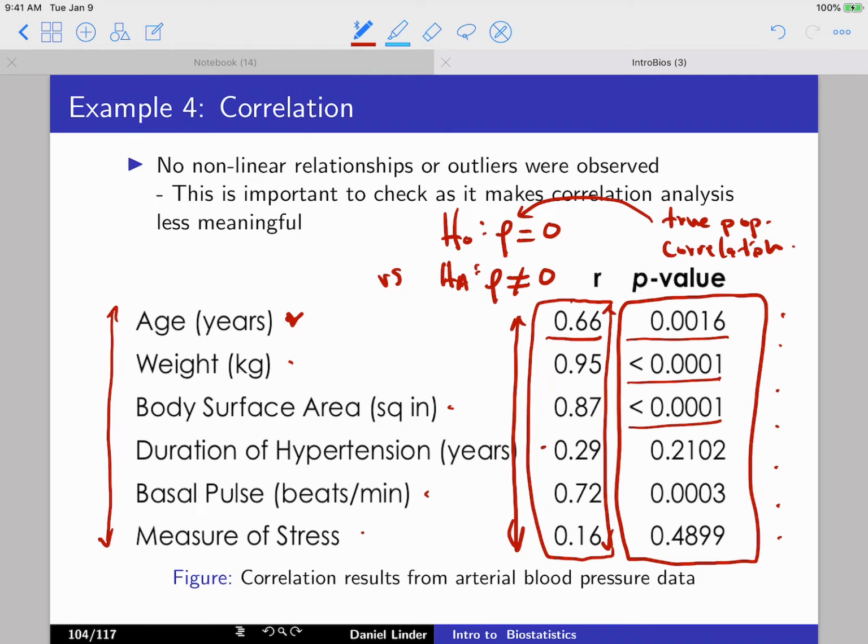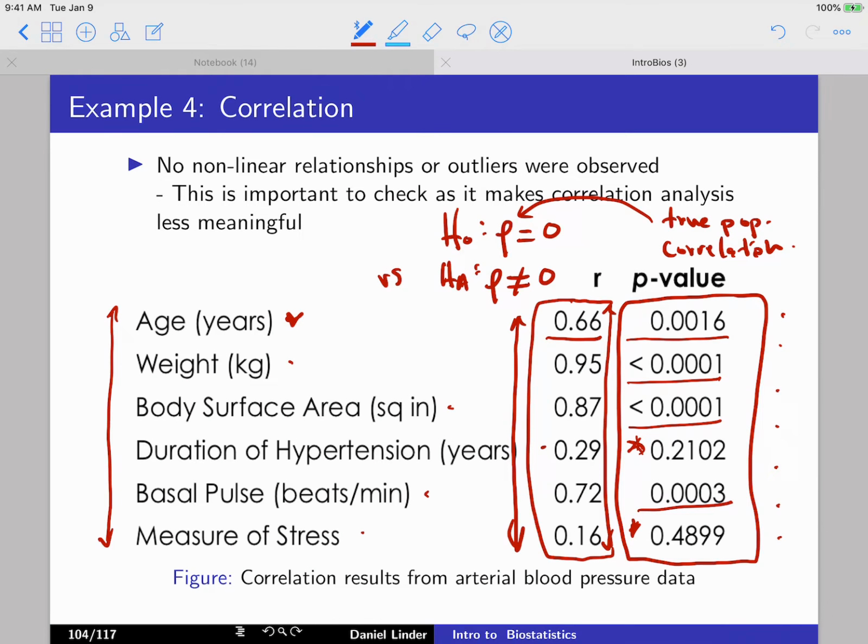Duration of hypertension is not, because our p-value for that test is not less than our 0.05 significance level. This one is less than 0.05, so basal pulse is significant, but measure of stress is not significant because the p-value for that test is not less than our significance level of 0.05.